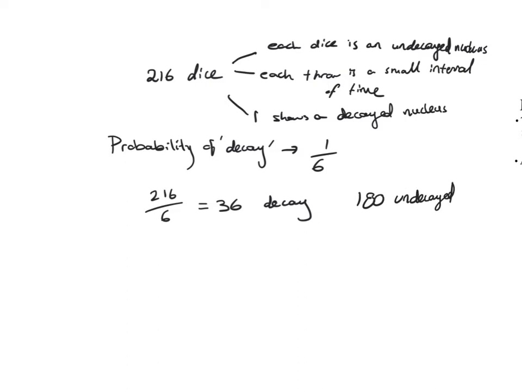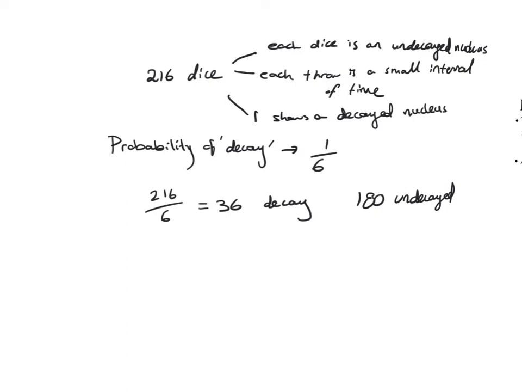Now, this is also a good point to mention that we definitely know that the decay is random, as we cannot predict which dice will decay, but we can only state the probability of decay.